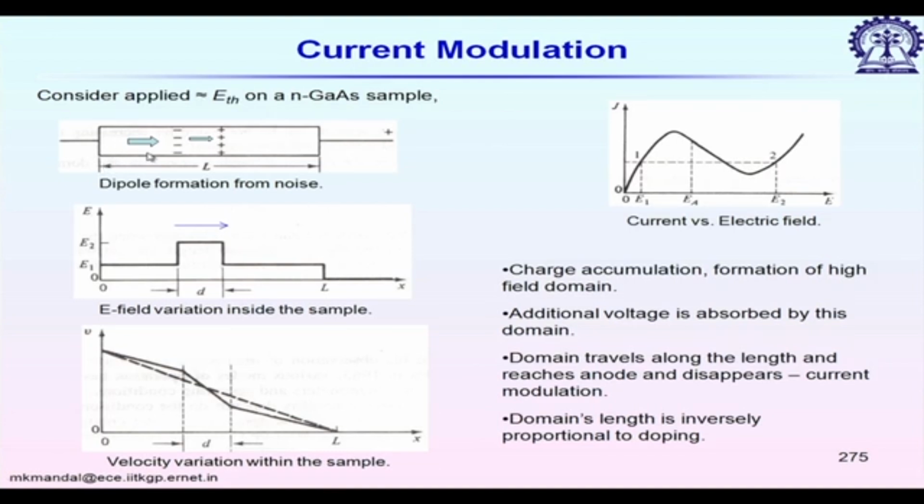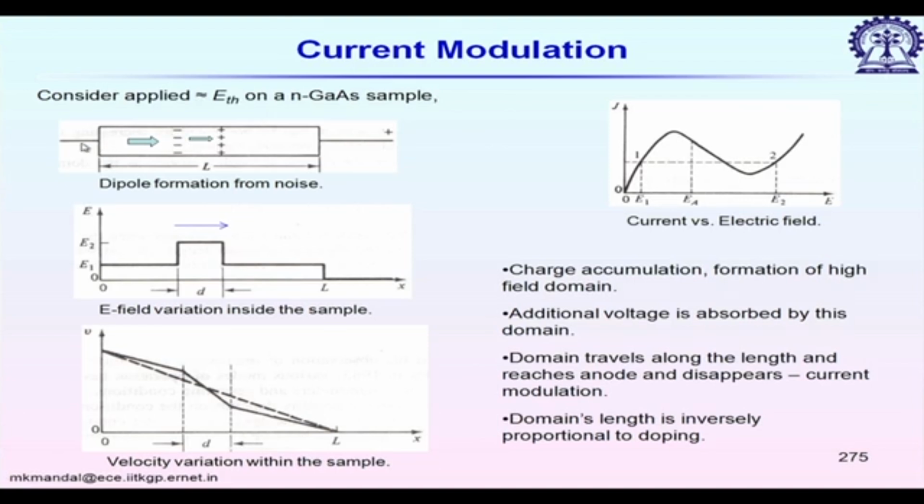Somehow, usually due to noise, there is accumulation of electrons in some region. Because of that, the velocity of these electrons decreases, or the resistance increases. Once the resistance increases, we have a high electric field.